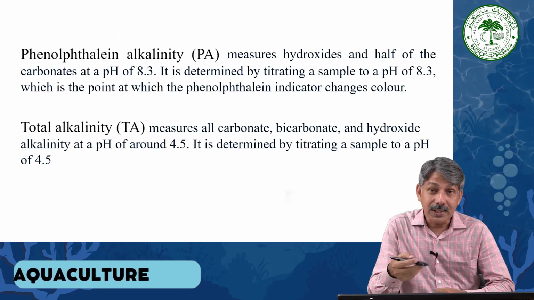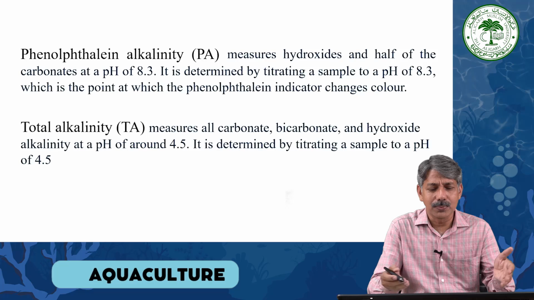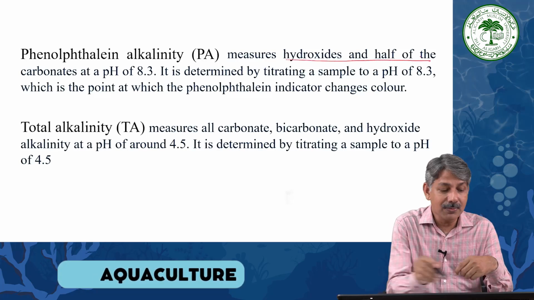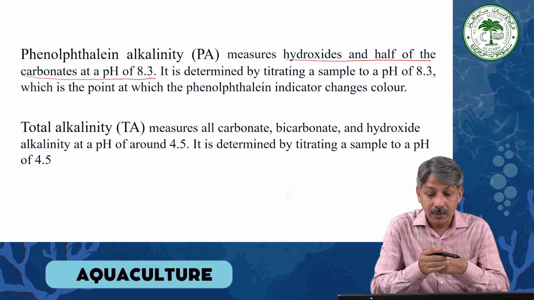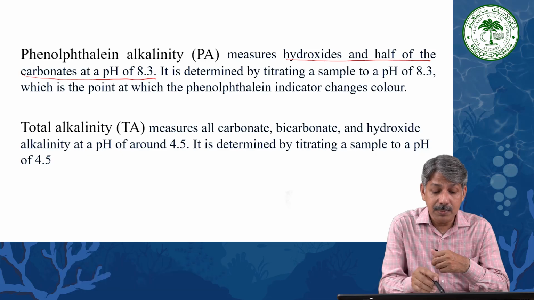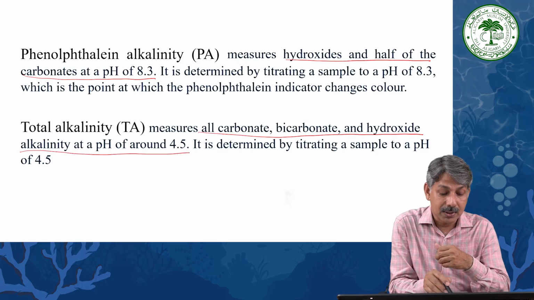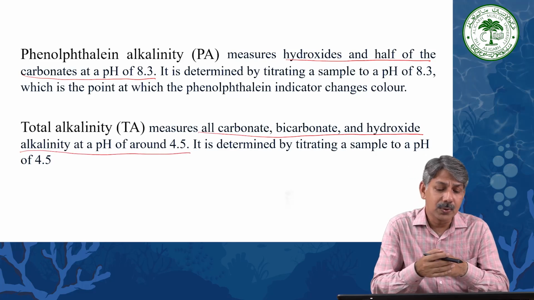Now, what is phenolphthalein alkalinity and what is total alkalinity? A rough idea I can give you. Phenolphthalein alkalinity measures hydroxides and half of the carbonates at a pH of 8.3. Total alkalinity measures all the carbonates, bicarbonates, and hydroxide alkalinity at a pH of around 4.5.